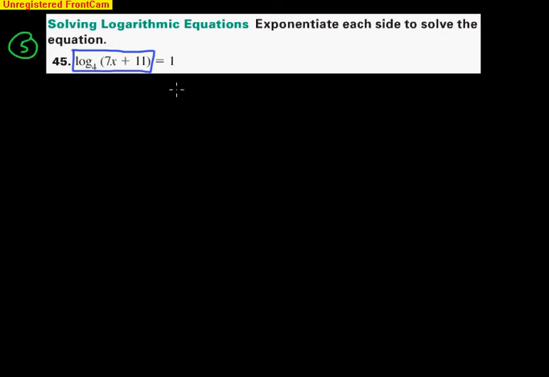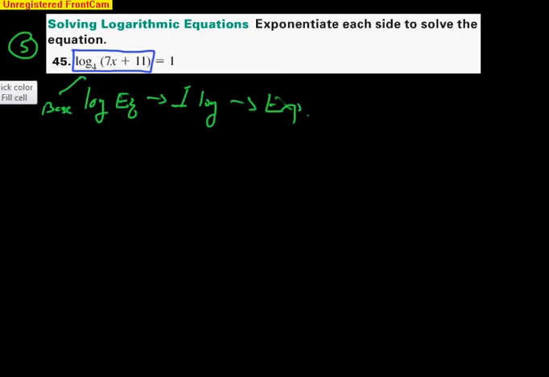Remember, when you have a log equation with only one log, you're going to use exponents to solve this. So in this equation, the 4 is the base, and the exponent is the answer, remember, so 1 is the exponent.